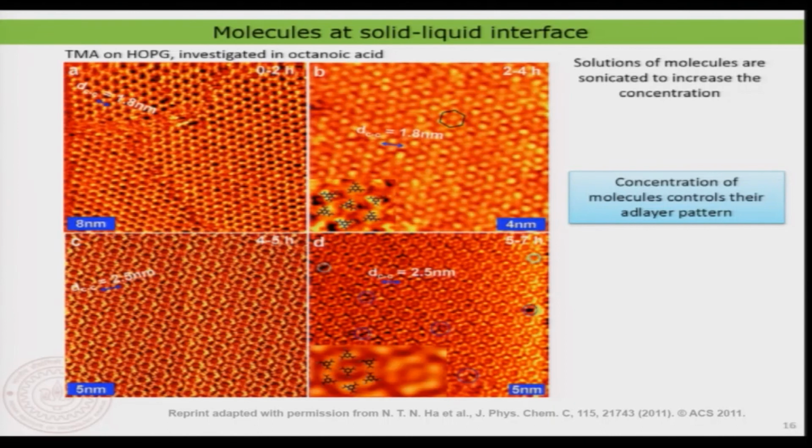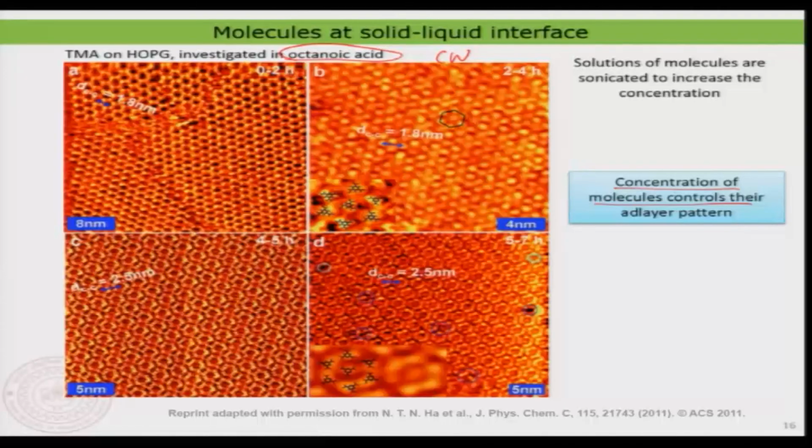Now, what you can also do is increase the concentration. What I am doing is I take again octanoic acid and trimesic acid, but what is expected is that this molecule only forms this chicken wire pattern. So, that is the pattern in octanoic acid as per the previous literature. But now, the interesting thing: by doing sonication, you mix a certain amount of molecule inside the solution to make a saturated solution.